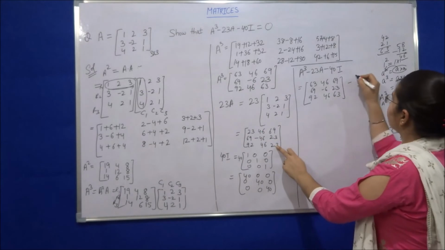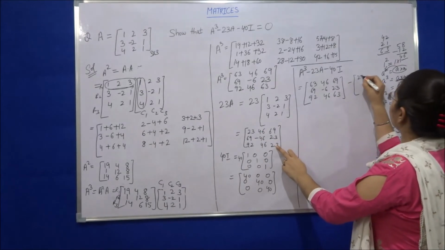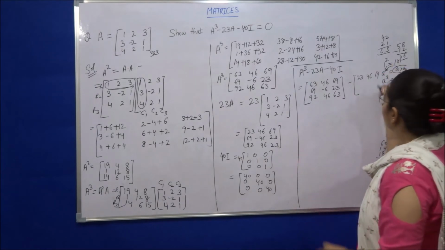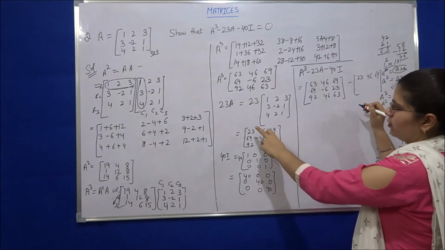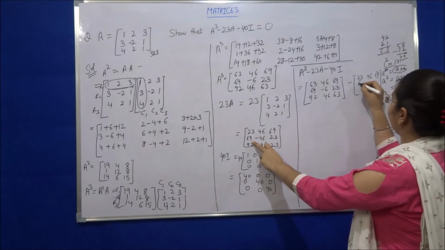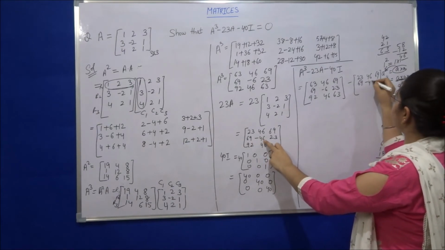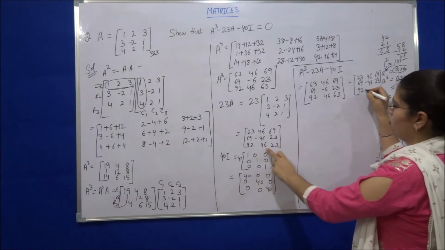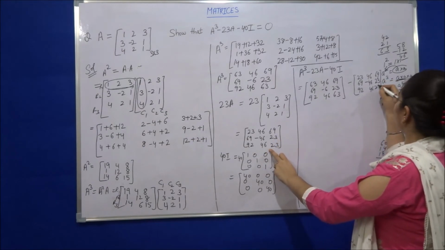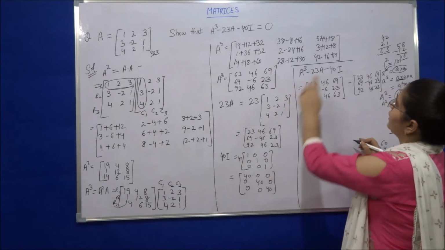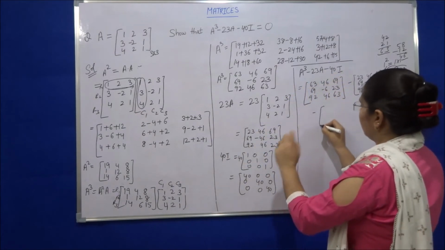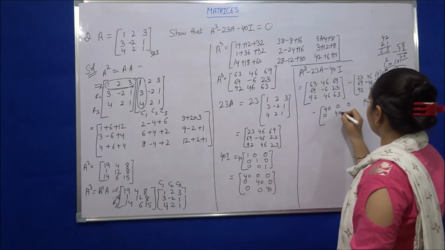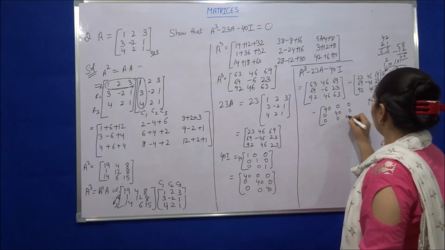So value of it is 23, 46, 69, 69 minus 46, 23, 92, 46, 23 and 40i minus 40, 0, 0, 0, 40, 0, 0, 0, 40.